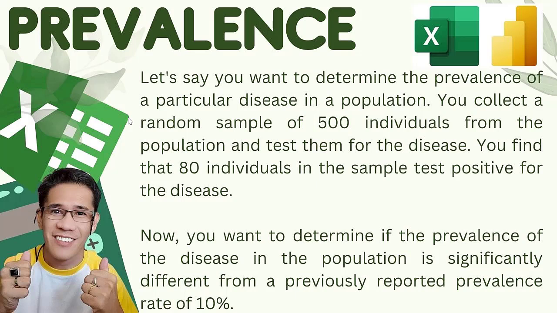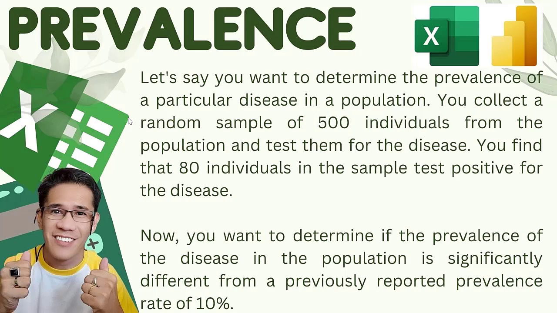And then the previous report told you that the prevalence rate was at 10%. And you want to confirm if the prevalence rate is higher or lower than today. Okay? So, that is the illustration why we are using a two-tailed test.